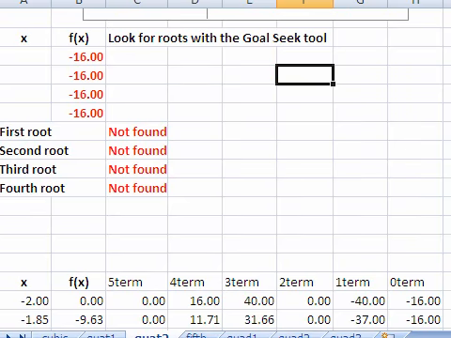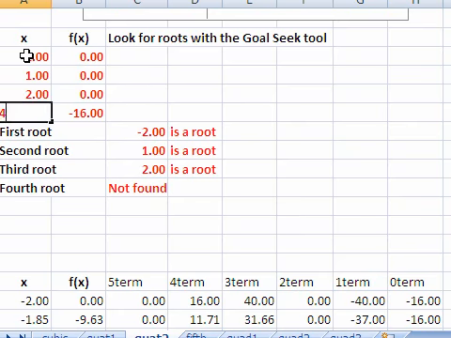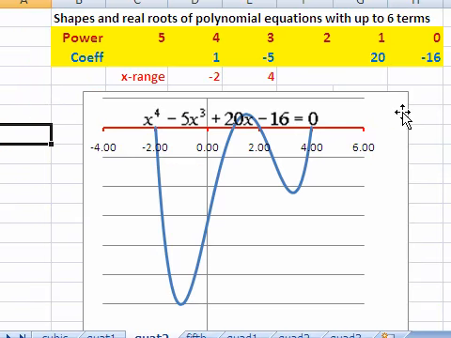Let's check those. -2, 1, 2, 4. They're all roots. We don't have to use goal seek because f of x is 0 at each of those values. We have solved the equation. And we can see it visually that at each of these points f of x equals 0, because the red line represents y equals 0.